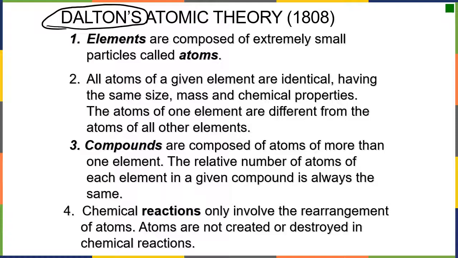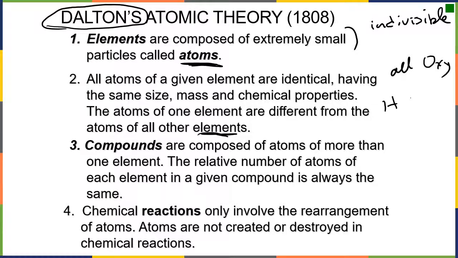So in a nutshell, elements are made up of atoms. All right. Now, with the atoms, they had made an assumption right here, and that the atoms are indivisible. Next one, all the atoms of an element are identical, and that the atoms of one element are somehow different than atoms of another, which tells us that all oxygen is the same, but somehow hydrogen is not oxygen.